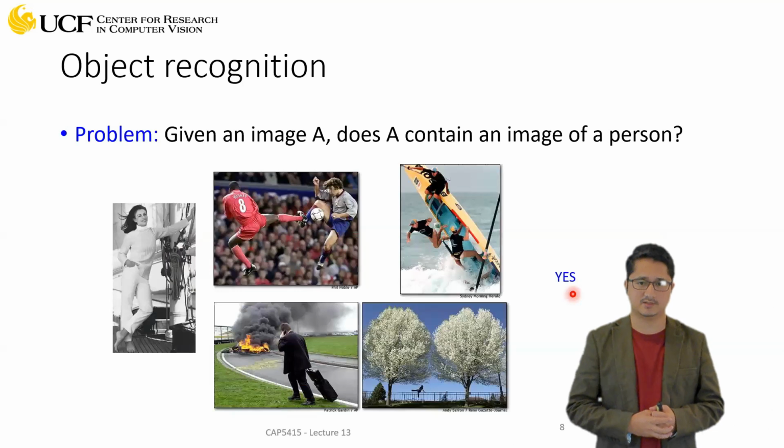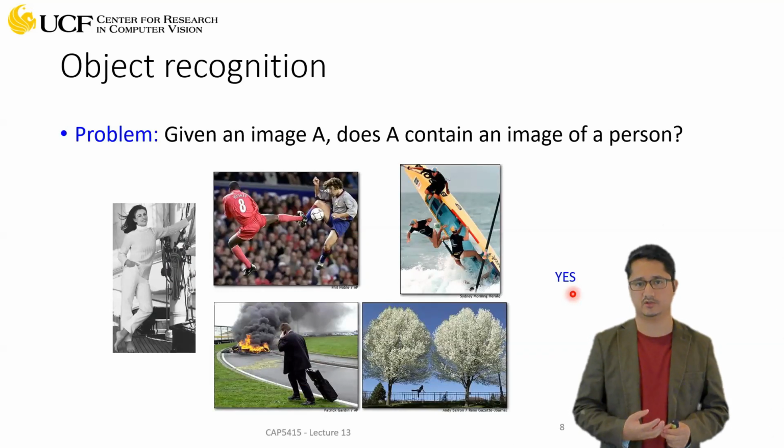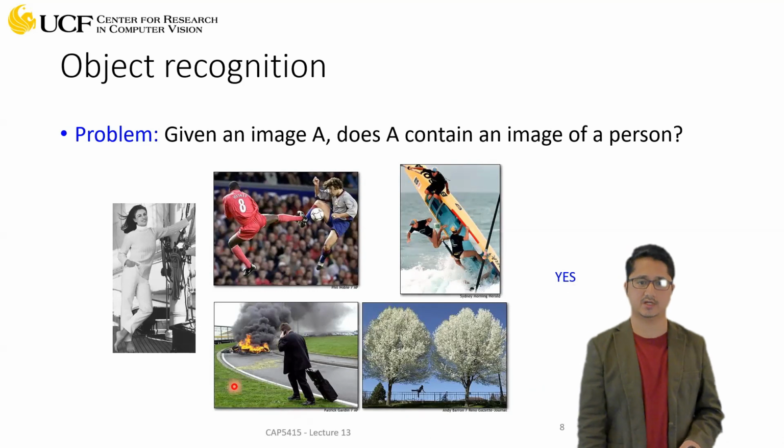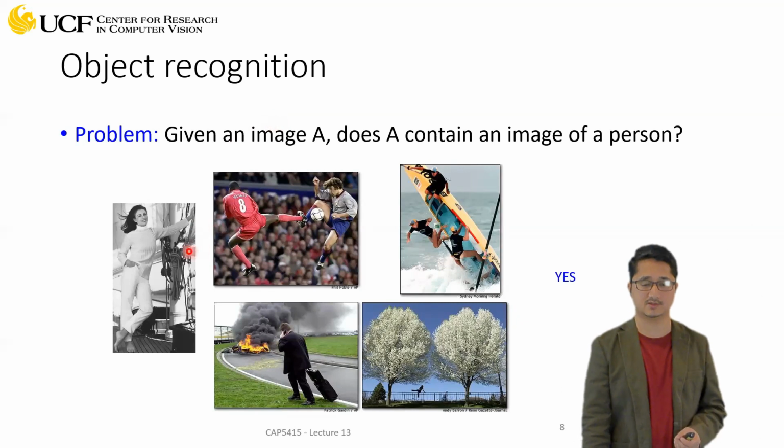So let's try to understand what object detection is. We have seen object recognition already, right? The idea is, given an image, you have to say which class it belongs to. We have seen these images earlier as well. If you are doing object recognition, let's say your class is person recognition, you just need a binary classifier saying whether a person is present or not.